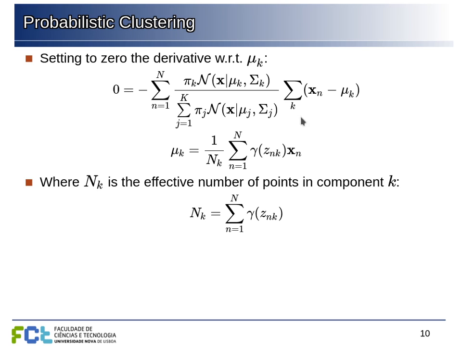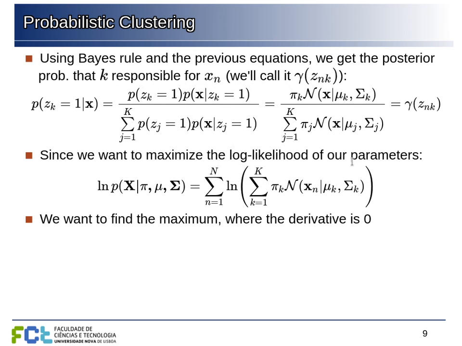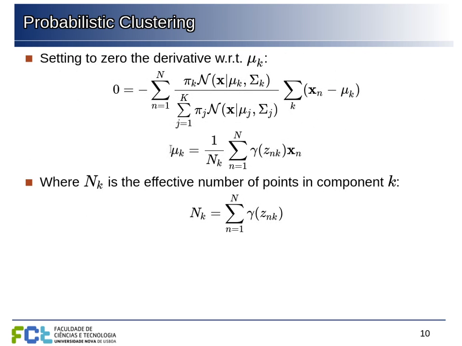Now, one difficulty here is that the probability of the point belonging to the cluster is something that we can compute based on the parameters, but which we need to use to compute the parameters of our model. So you can see here the need for the expectation maximization algorithm, because we don't know a priori the probability of belonging to a cluster if we don't have the parameters, but after we compute that probability, we can now compute a better estimate of those parameters.